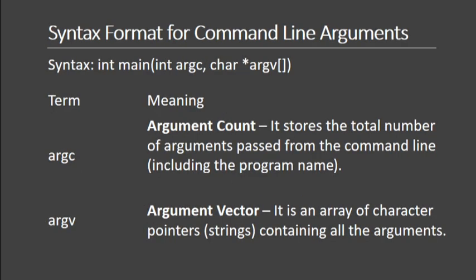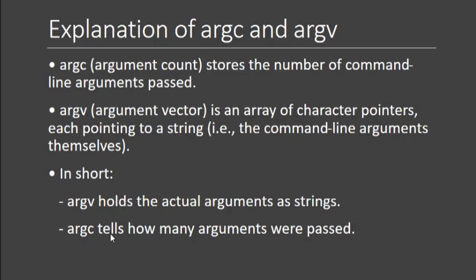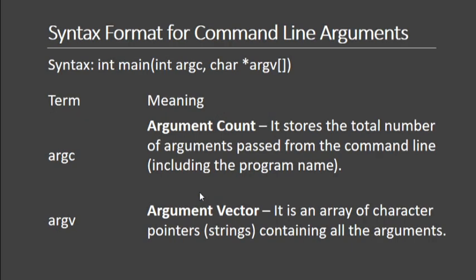In short, argc tells how many arguments were passed from outside into the main program. argv holds the actual arguments as strings. Whatever arguments you pass, it treats them as strings because argv is declared as a character array.